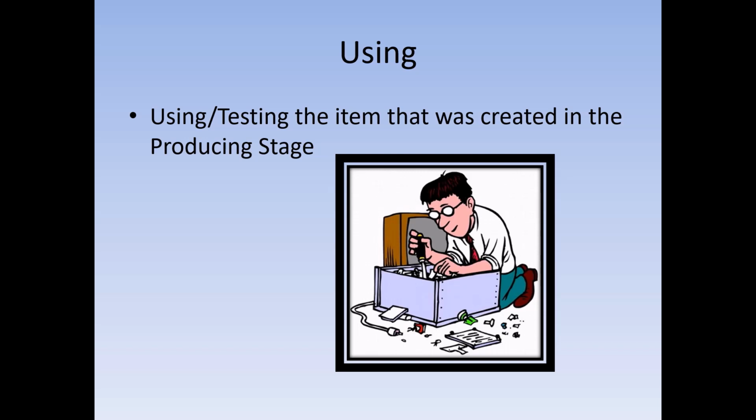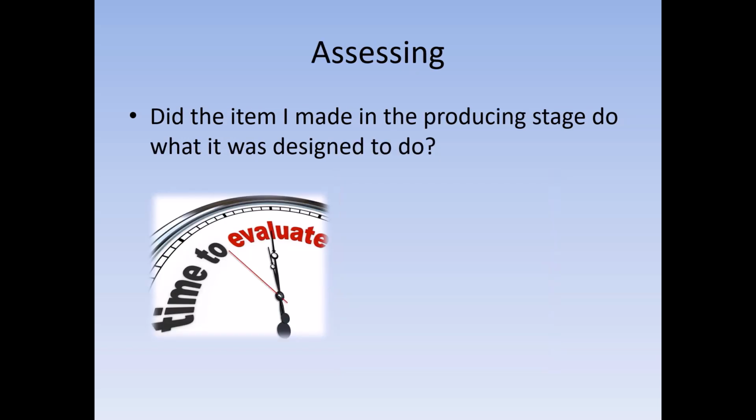So I go around, I'm walking around to see if my solution worked. And then the last step of the design process is assessing. Did the item I made in the producing stage, did it do what it was designed to do? This is important. So, did it work? And if it worked, how well did it work?